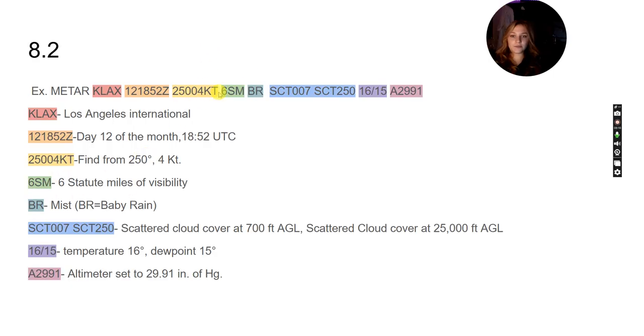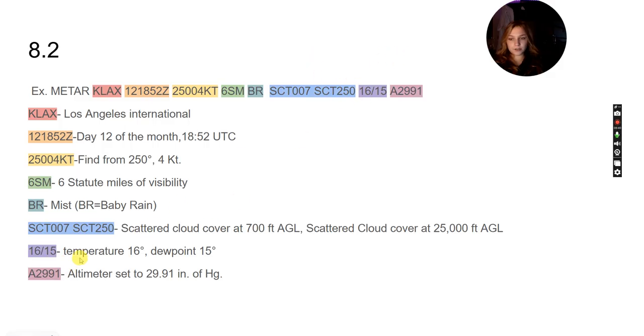You have 6 statute miles of visibility. BR is mist. It's brume in French, which means mist, but you can remember it by saying baby rain. Then we have scattered cloud cover at 700 feet AGL, and scattered cloud cover again at 25,000 feet AGL.